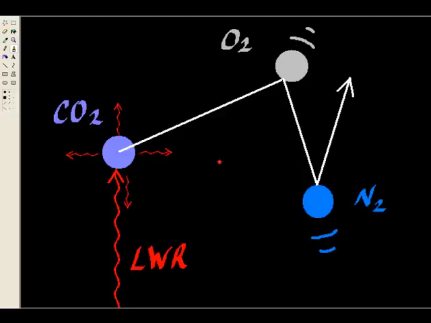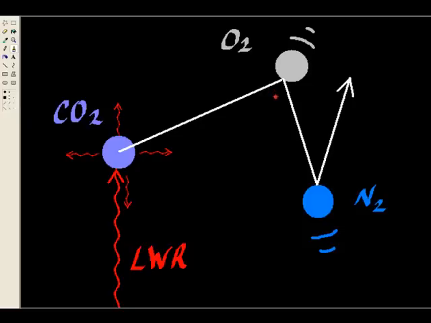Exactly the same with the nitrogen molecule. In this diagram we have a carbon dioxide molecule, and it collides with the oxygen molecule, transferring its heat energy, its vibrational energy, to the oxygen molecule.